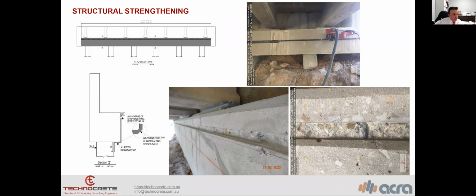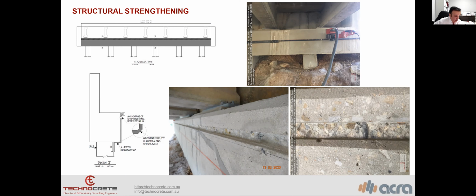Then we had, as you can see in the left bottom, very low surface for the strengthening. In this case, if we strengthen for shear, we have to design an anchorage in order to fix the CFRP wrapping.